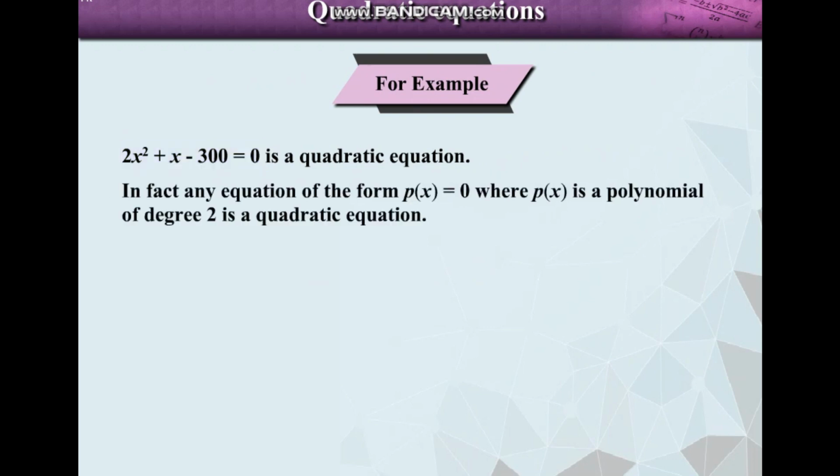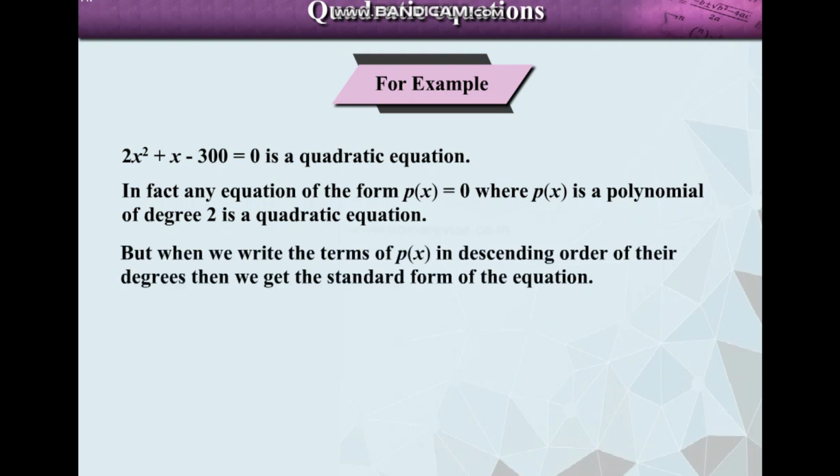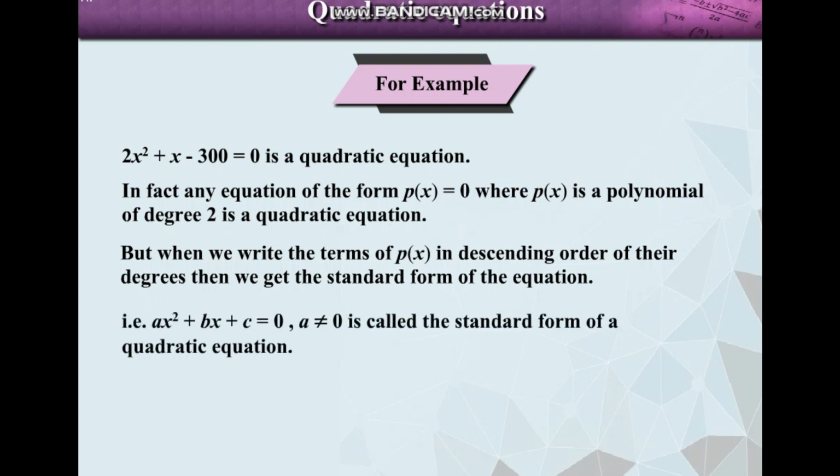In fact, any equation of the form p of x is equal to 0, where p of x is a polynomial of degree 2, is a quadratic equation. But when we write the terms of p of x in descending order of their degree, then we get the standard form of the equation. That is, ax square plus bx plus c is equal to 0, where a is not equal to 0, is called the standard form of a quadratic equation.